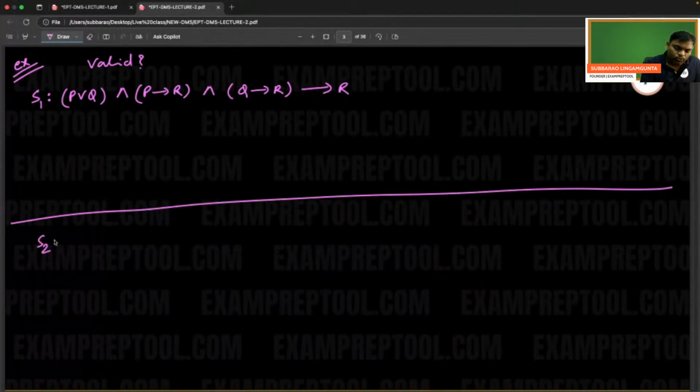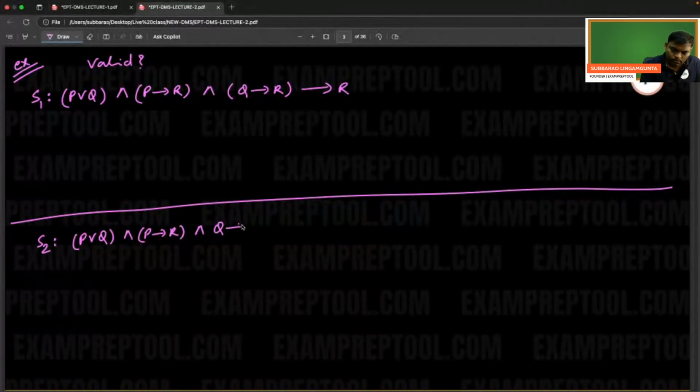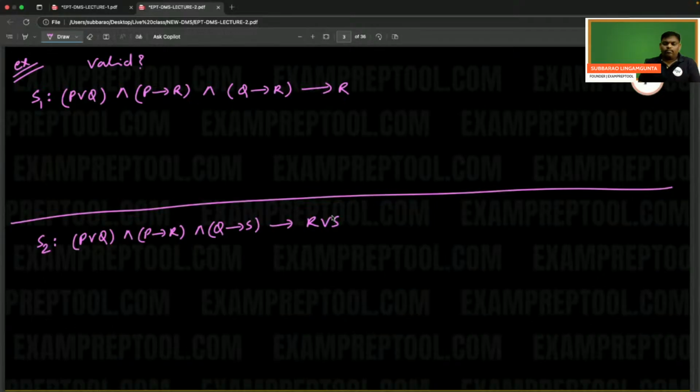You have to prove these two are valid or not. Yeah. So verify yourself. These two statements are valid or not, verify.